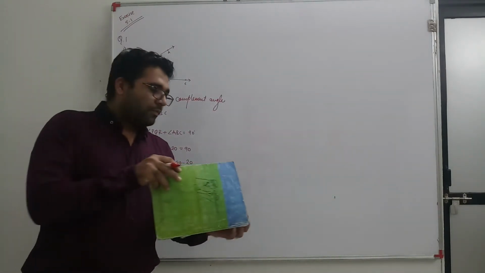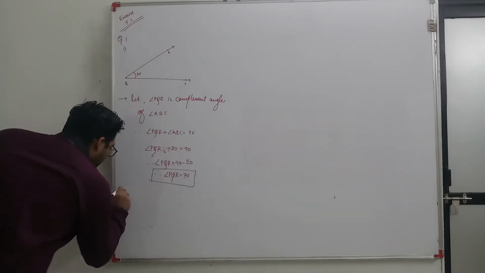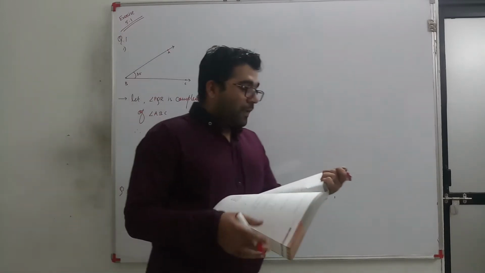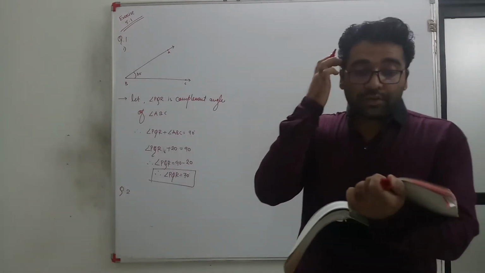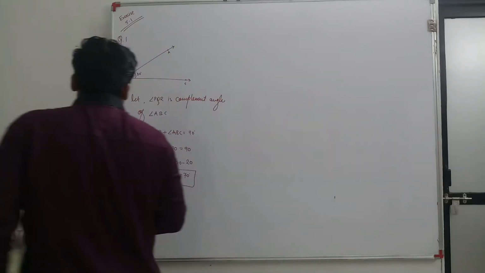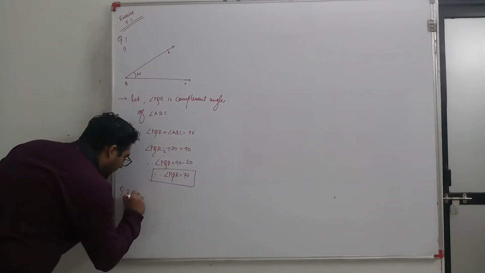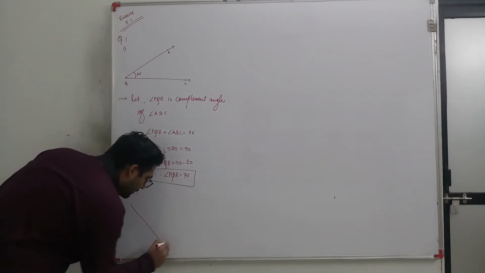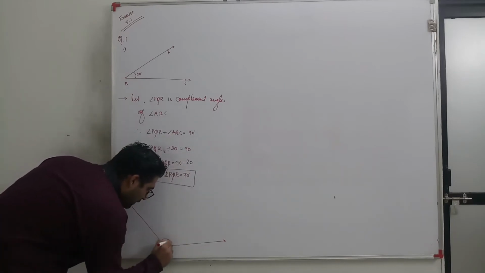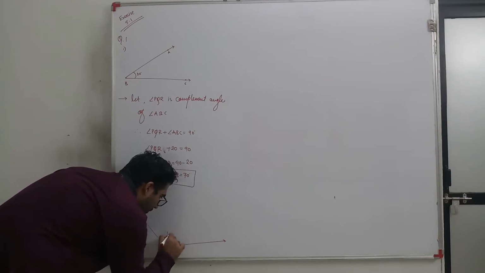The next question of the exercise is question number 2. In question number 2, find the supplement of each of the following angles. It means we need to find the supplementary angles. In question number 2, first it is given that this is 105 degree. I need to find the supplementary of this angle.